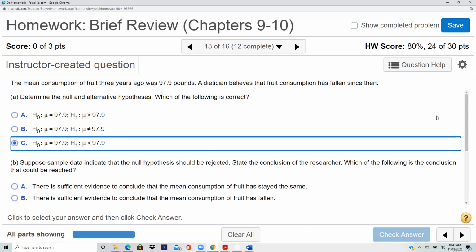So it says, if the null is rejected, then what do we know about the evidence?